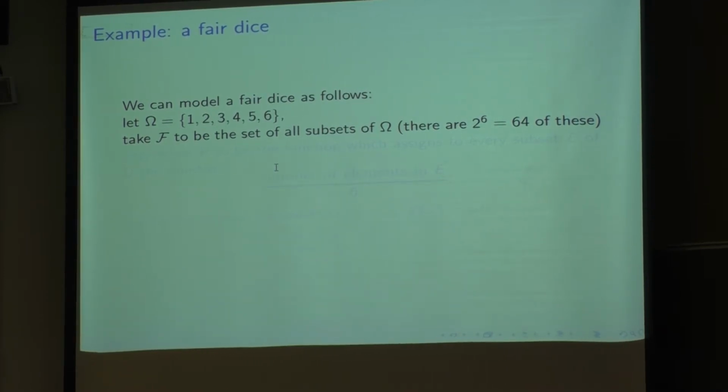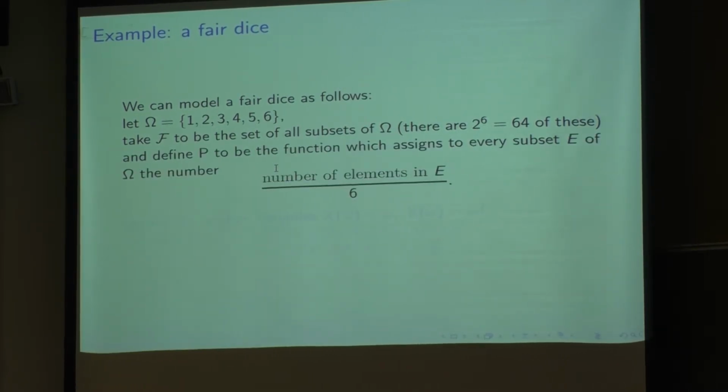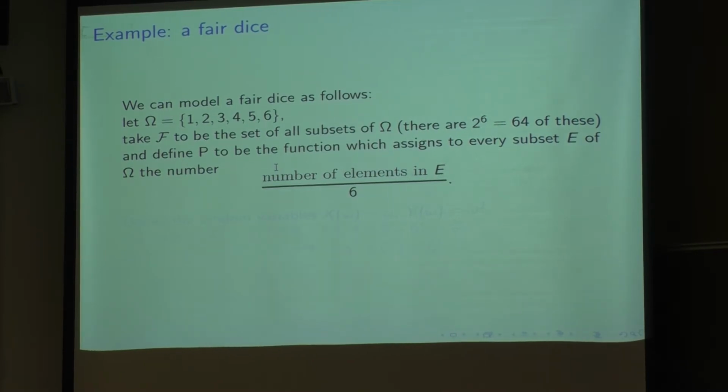So in this case, we're going to have 2 to the 6 of these, 64 of these. And now let's define what the fair die is. We can say, if you want to know what is the probability of the event E, well, count how many elements you have in E and divide by 6. That's another way of saying all outcomes are equally likely.